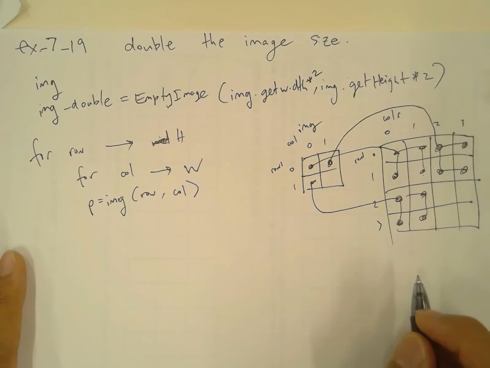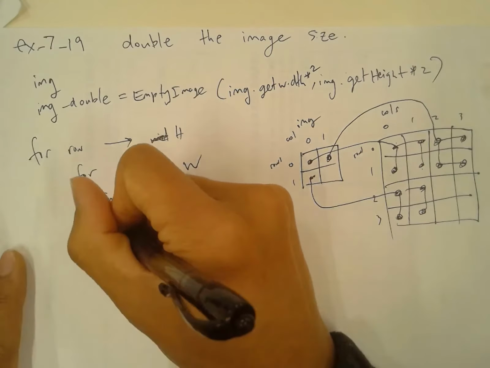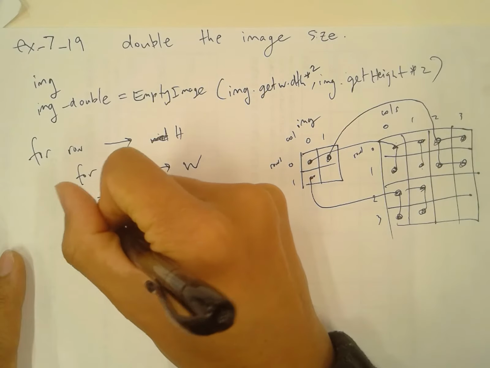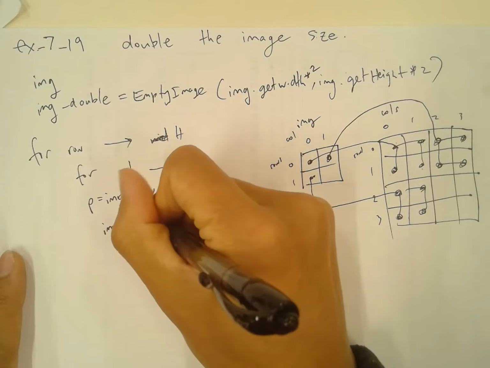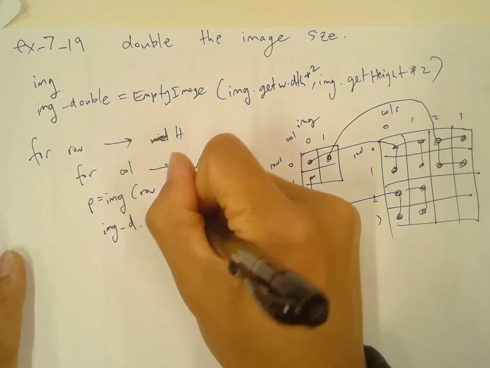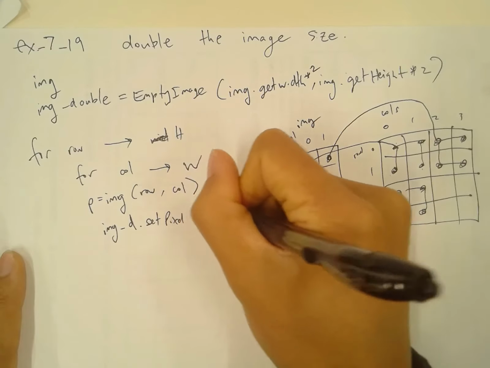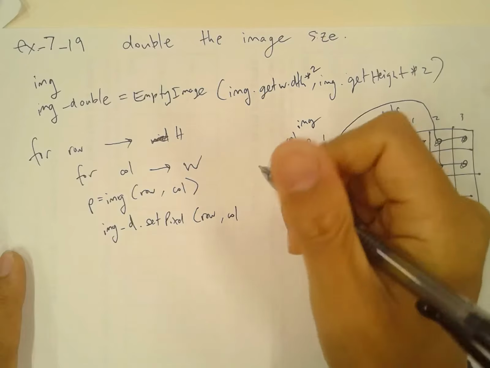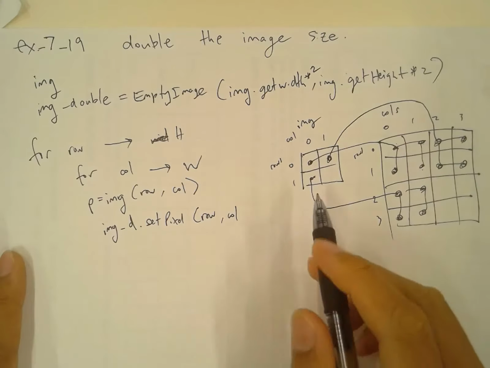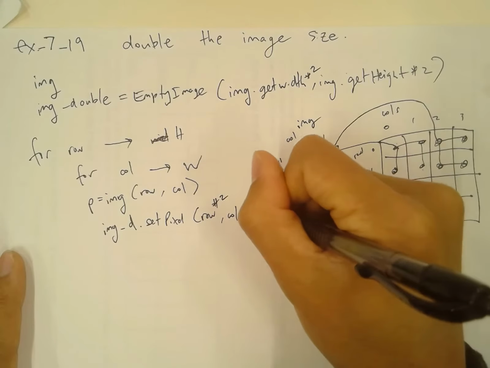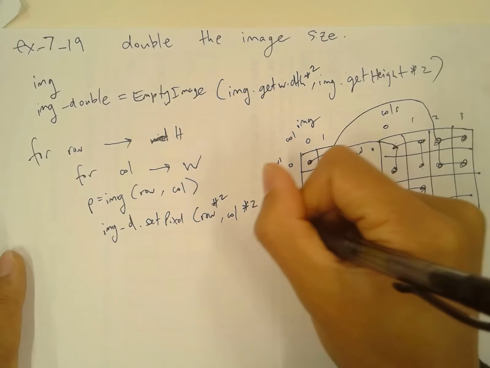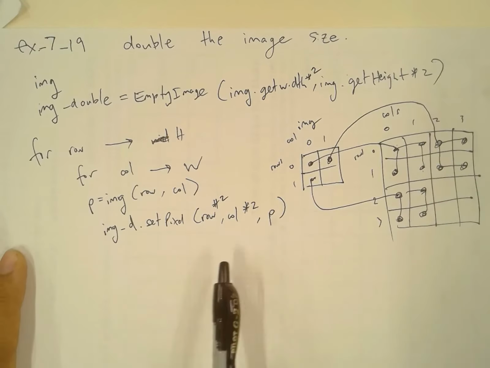And so how do we do that? Well, we could say image_double.setPixel(row times 2, column times 2, p).